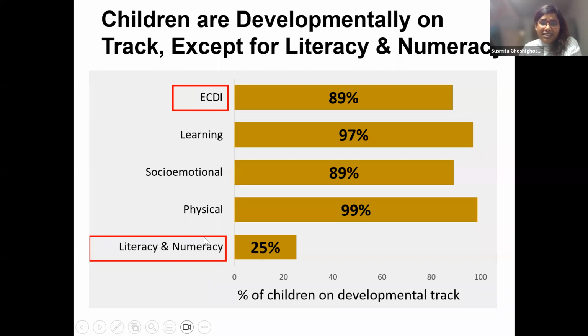Except for literacy and numeracy, most of the children are on the developmental track for the learning, socio-emotional, and physical domains. Only 25% of the children are on the developmental track for literacy and numeracy in this low period.